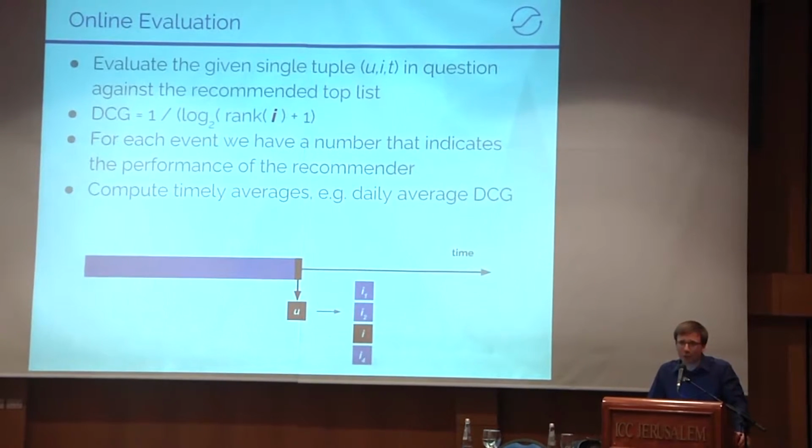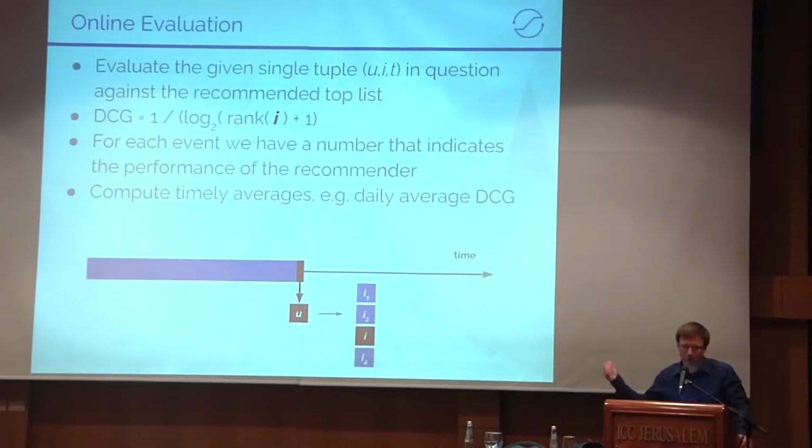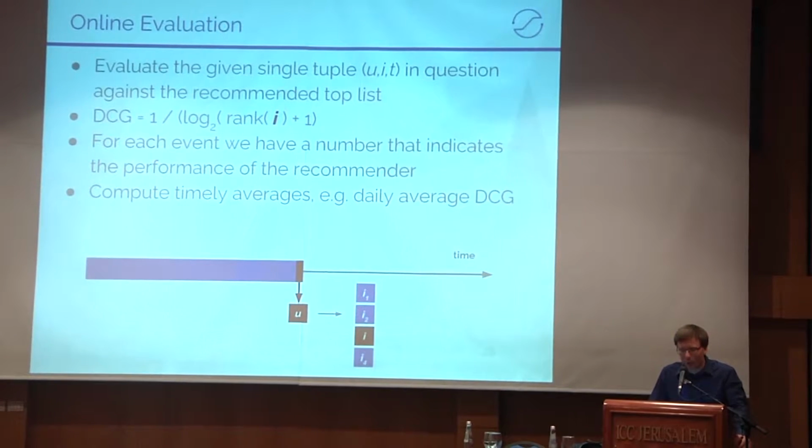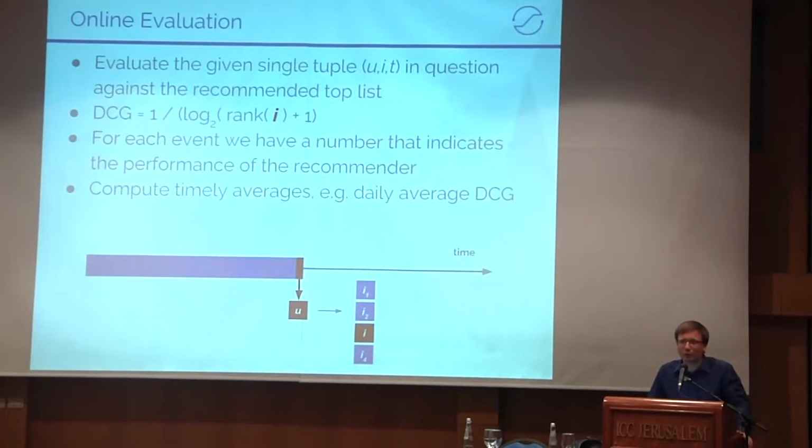This evaluation is very natural, and you can see it again on the figure. For a given event, first the recommender system recommends a top list, and we have to evaluate somehow the goodness of this top list. This is what we're going to do in the upcoming slides. We simply check the actual ground truth, the item consumed by the user at that given time point.